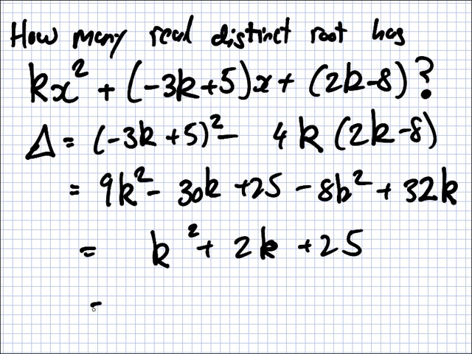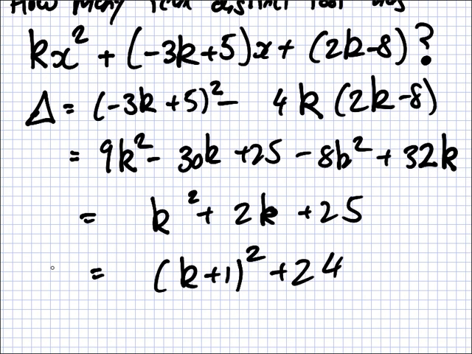But if I do this, this tells me if the discriminant is equal to this, we know the discriminant must be greater than 0. In fact, we know that the discriminant must be bigger than or equal to 24. So we conclude 2 roots. Therefore, 2 roots.